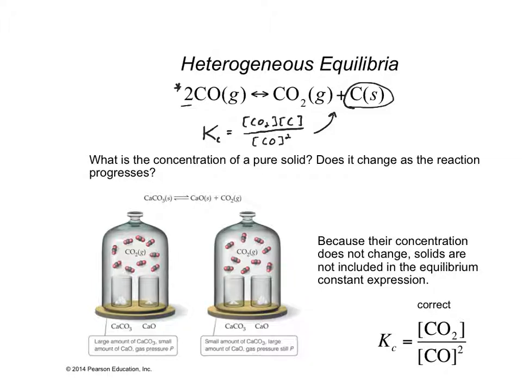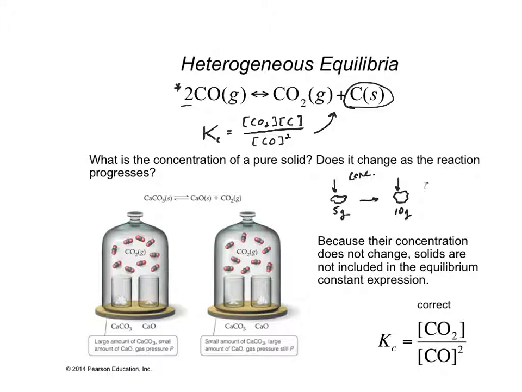So let's say we start with a little bit of solid, 5 grams of carbon, and as the reaction progresses, let's say we make 10 grams of carbon, right? So we do make stuff, but overall, how do we measure the concentration of a solid substance, right? We don't really measure concentration.